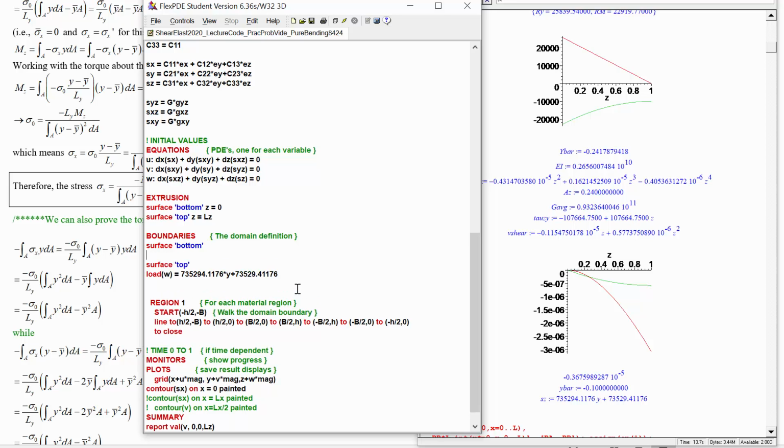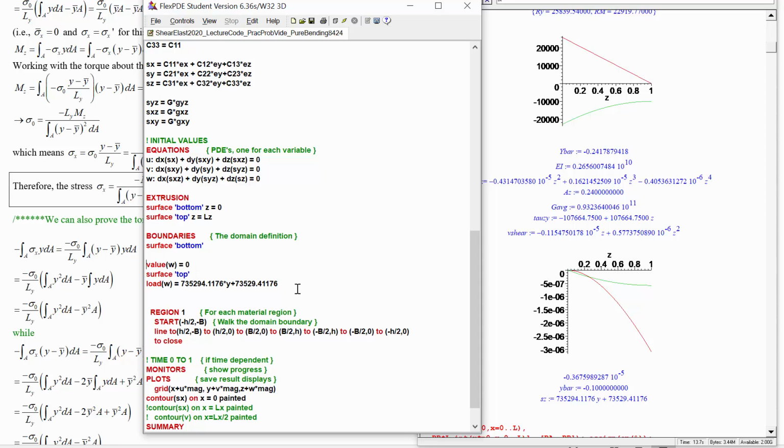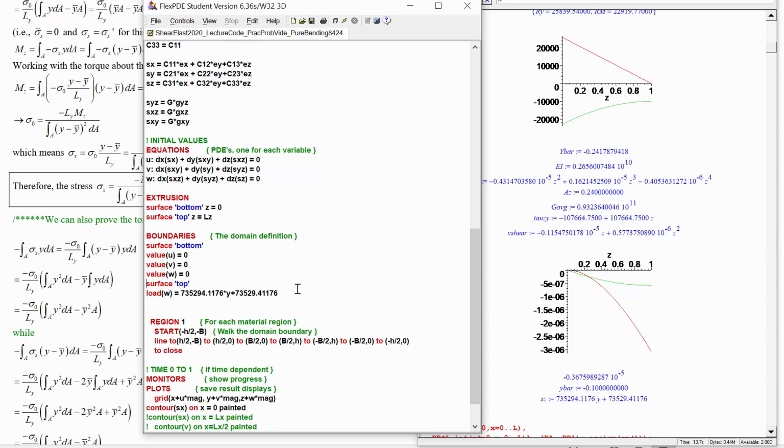Here, we're going to say value of W equals 0, and value of U is 0, and value of V is 0. This is going to be fixing it in all three dimensions, whereas at the end, we're going to apply this bending moment.